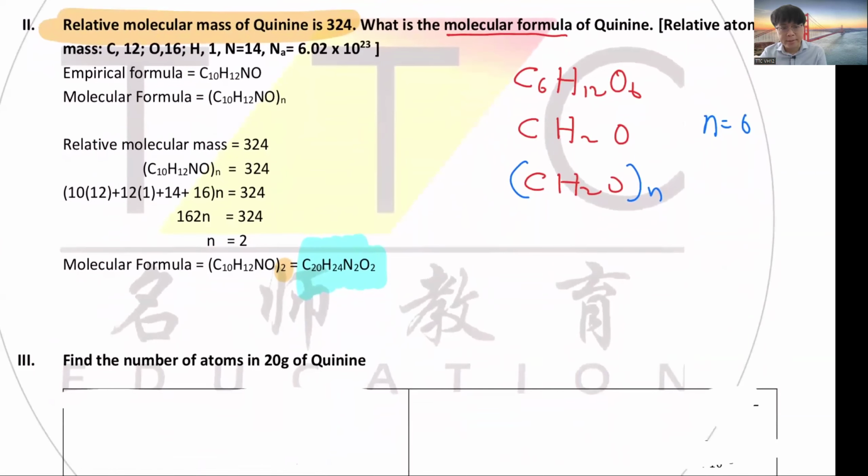Yeah, so once you get the actual formula already, then they start to ask you all this. They want to convert from mass, and this time they want to convert to atom.